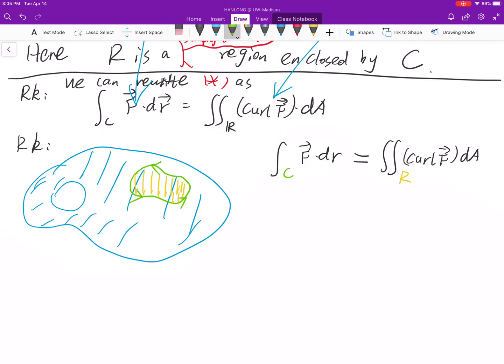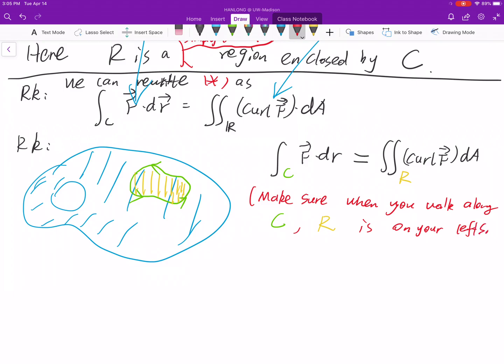Just make sure when you walk along C, R is on your left side.